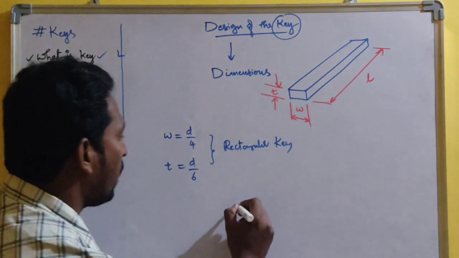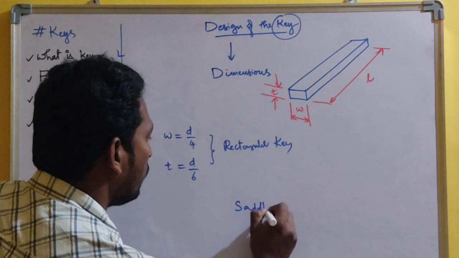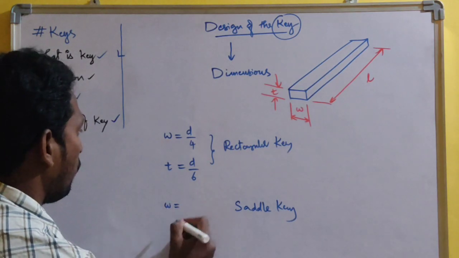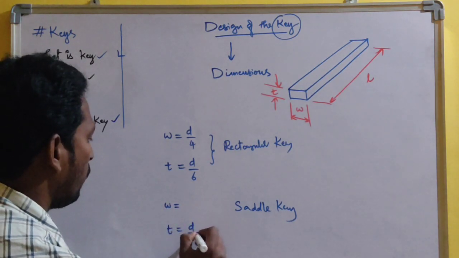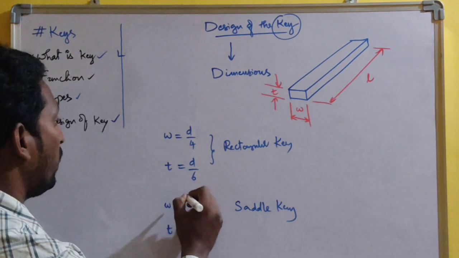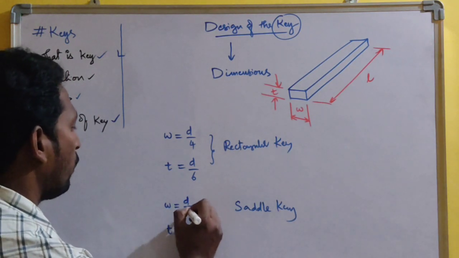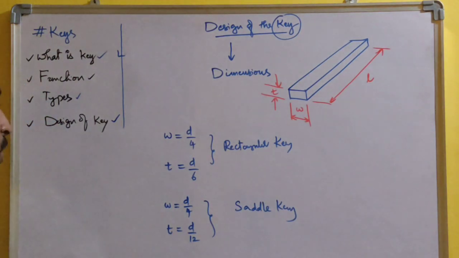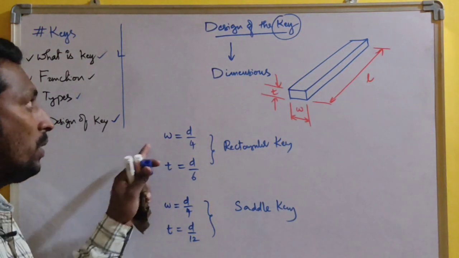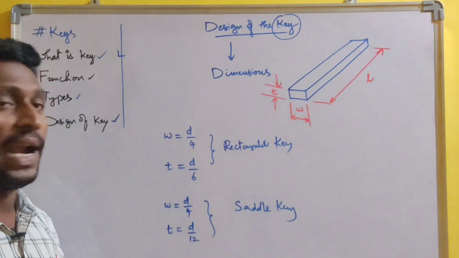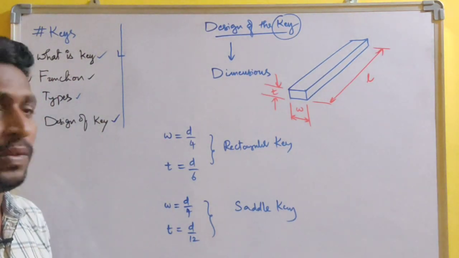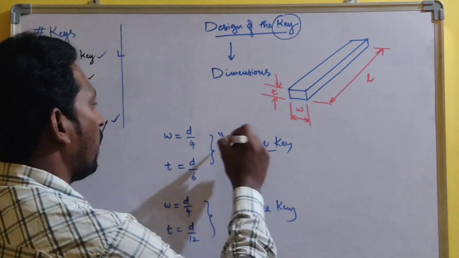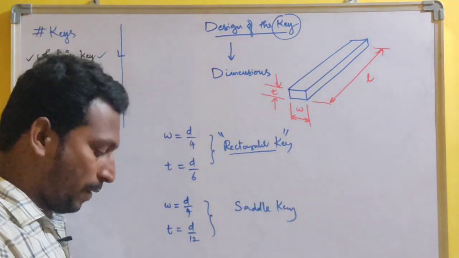In the case of a saddle key, the thickness will be d by 12 and the width is the same, d by 4. These are the various dimensions of the rectangular key and saddle key. In most applications we prefer the rectangular key.